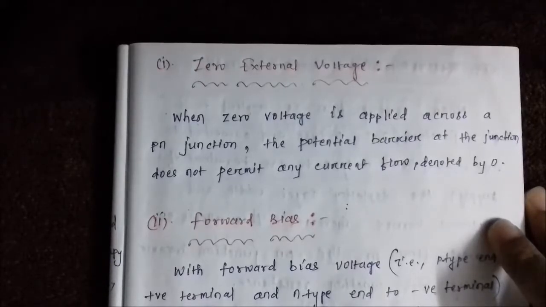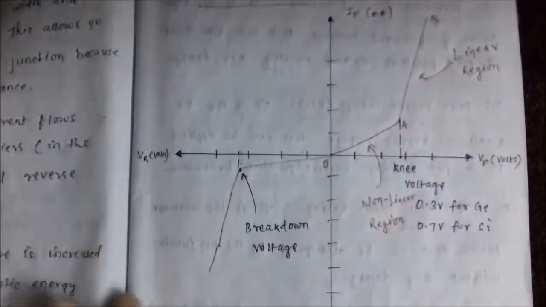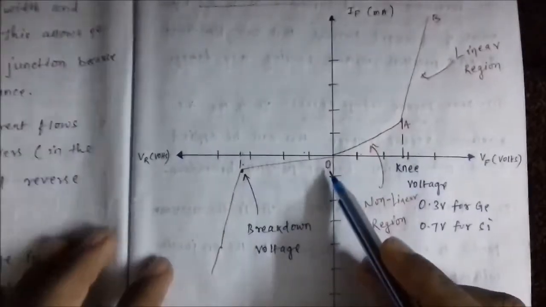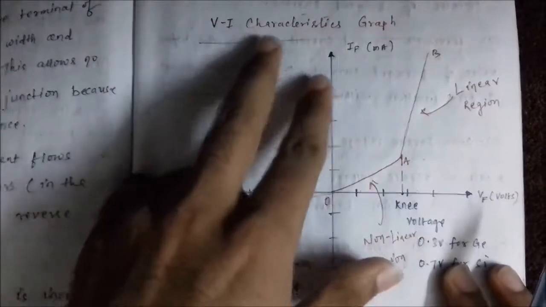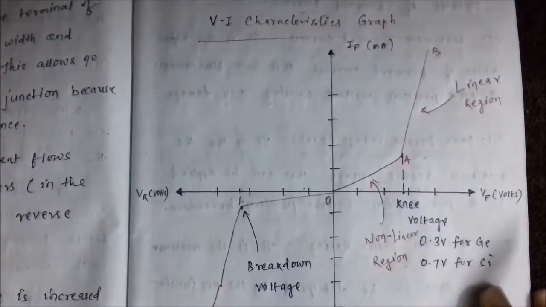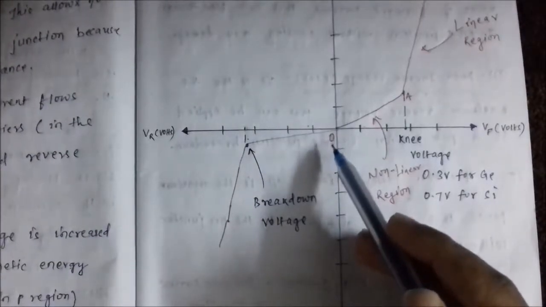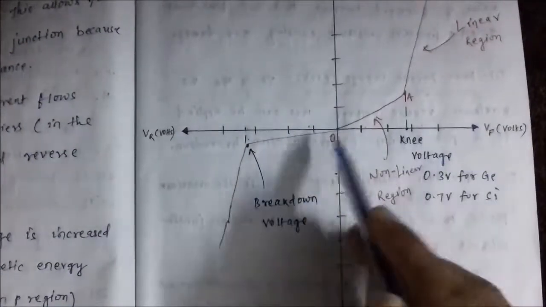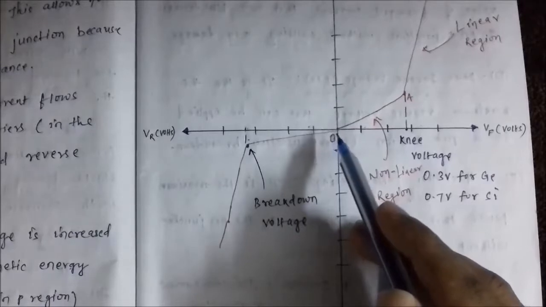So when no voltage is applied, there is no current. This spot is denoted by this position on the V-I characteristics graph of a PN junction device, where the voltage across the PN junction is 0 and current is 0.